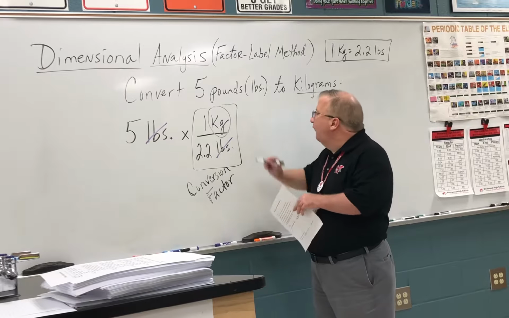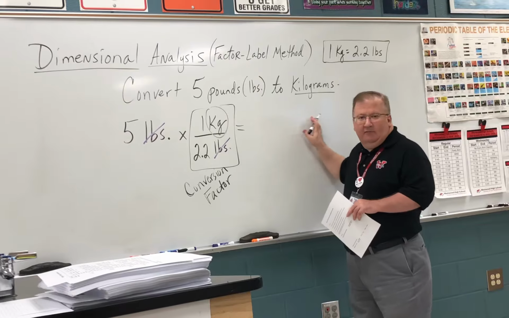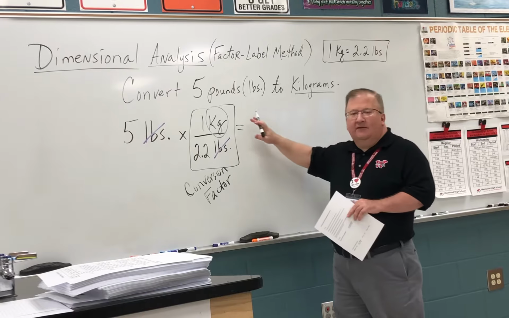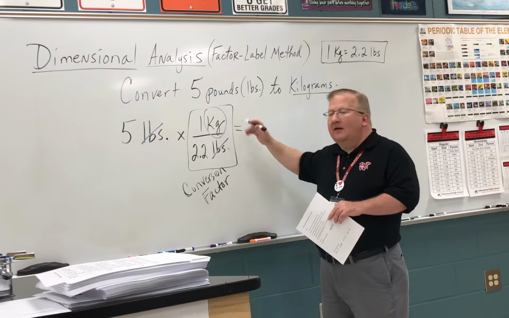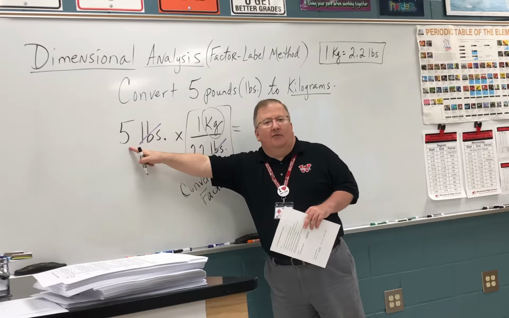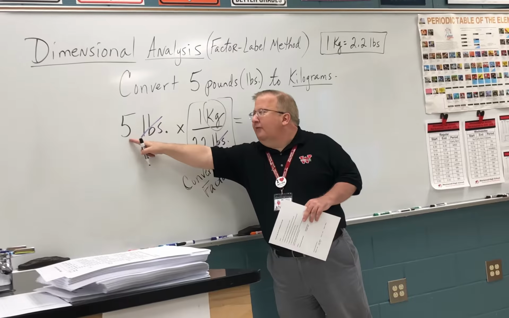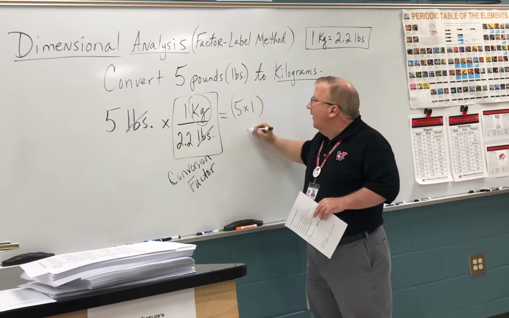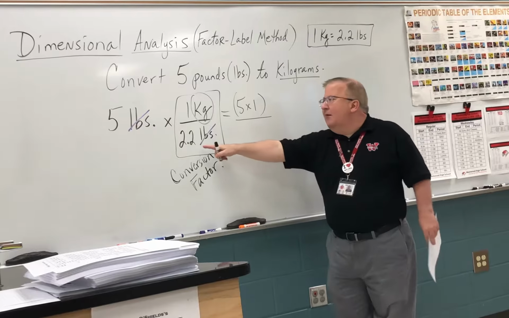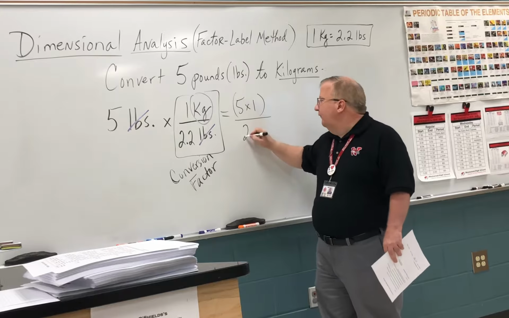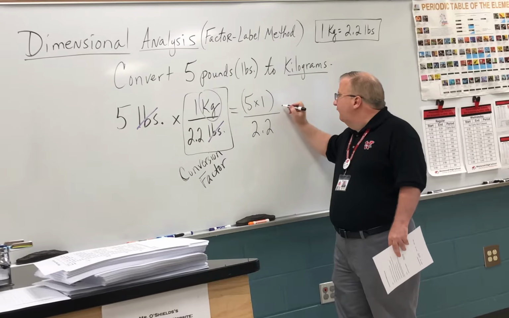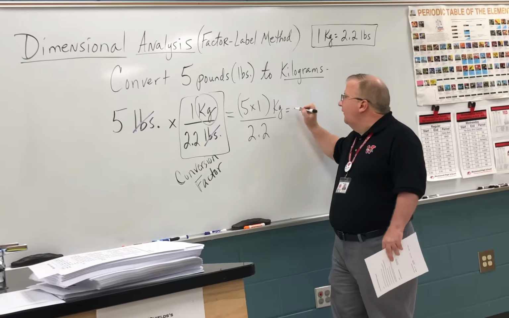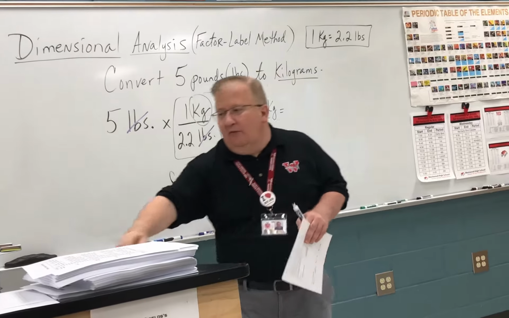So if you go through, I'm going to write it out kind of the long way so that you'll be able to see how I calculated it mathematically. That's understood to be over the number 1, right? So I'm going to say 5 times 1 and get an answer, and then I'm going to divide it by 2.2. So if you do that, your answer should be in kilograms, which is what you're looking for.